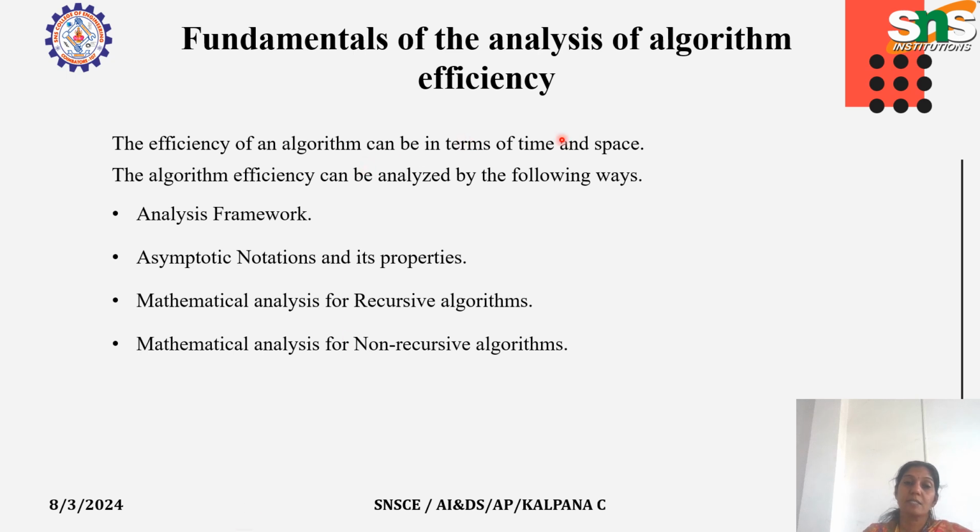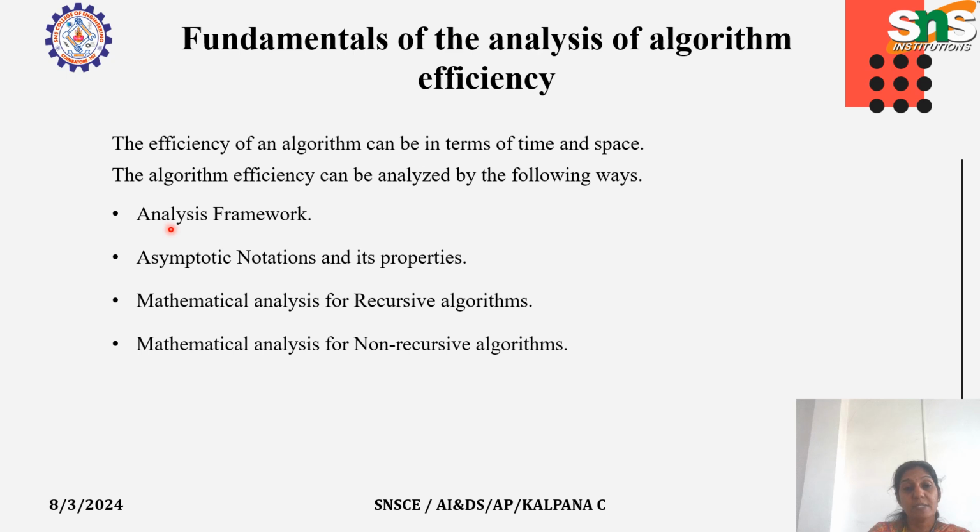The next topic is algorithm efficiency. The efficiency of an algorithm can be expressed in terms of time and space. We have seen that the time and space complexity of an algorithm plays a vital role when we analyze an algorithm. Algorithm efficiency can be analyzed in four ways.